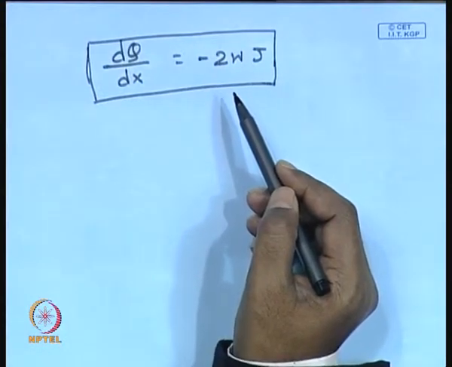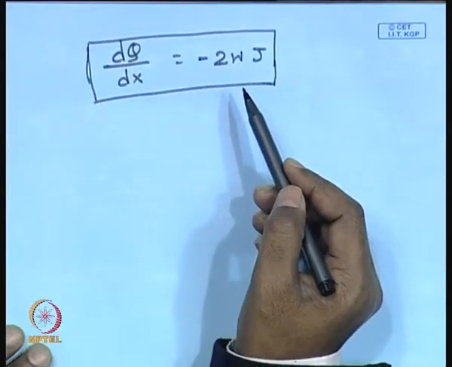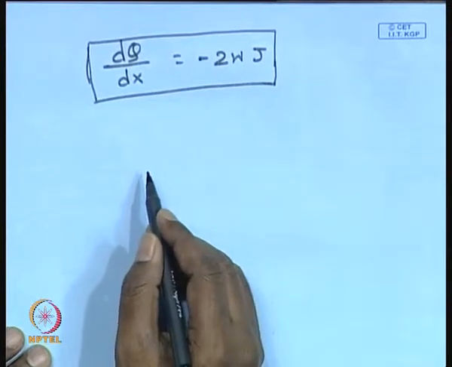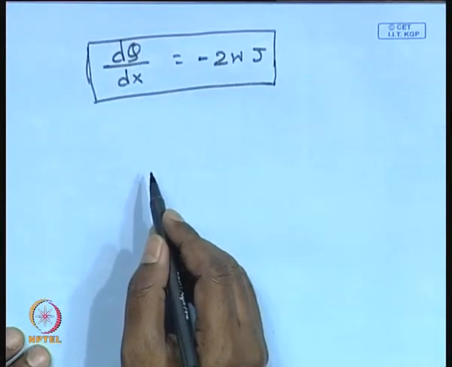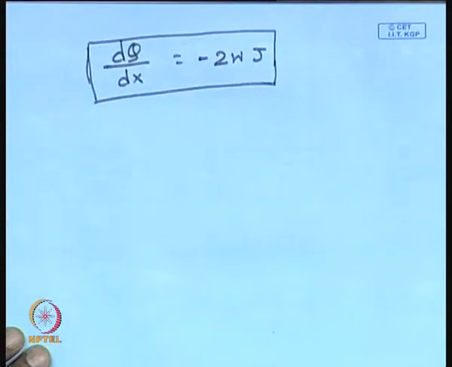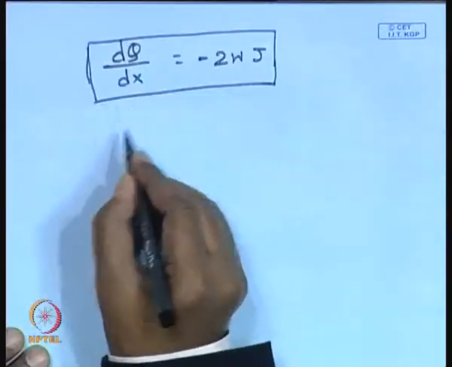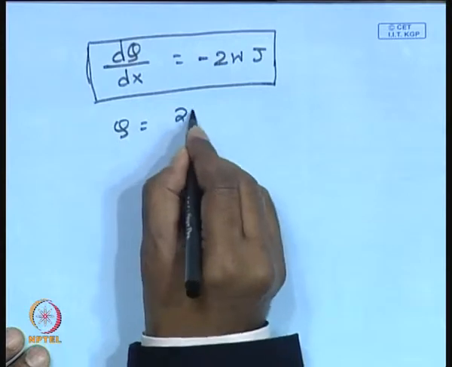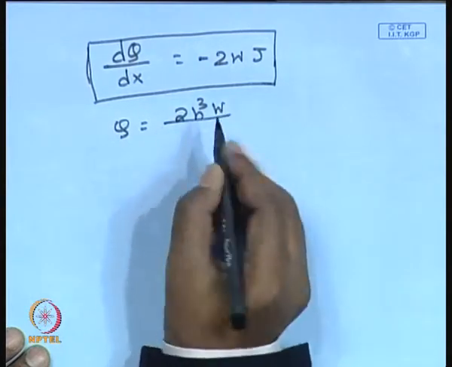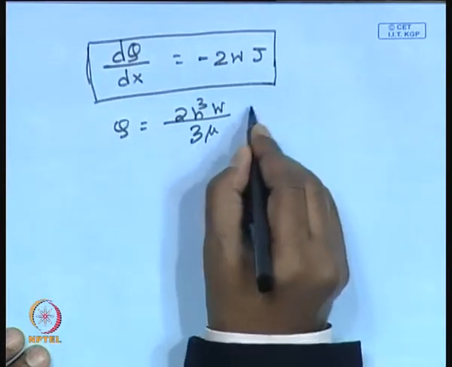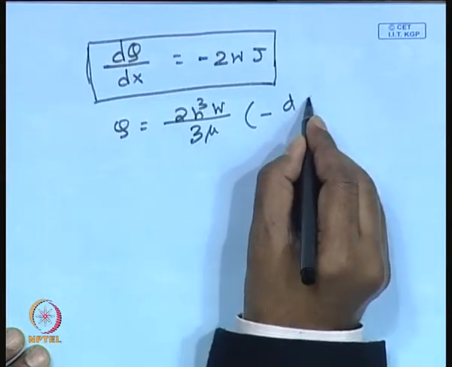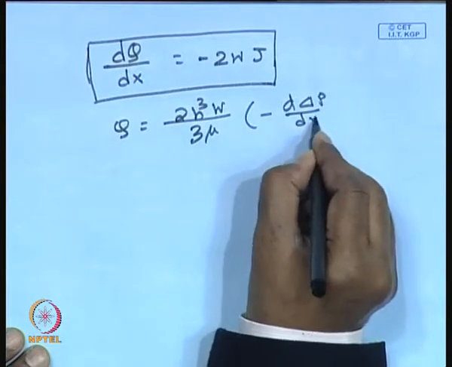Right. So then what will we do? You have the governing equation of q earlier, and we insert that. If you look into the governing equation of q in terms of pressure gradient, q is nothing but minus 2 h cube w by 3 mu times d delta p dx.